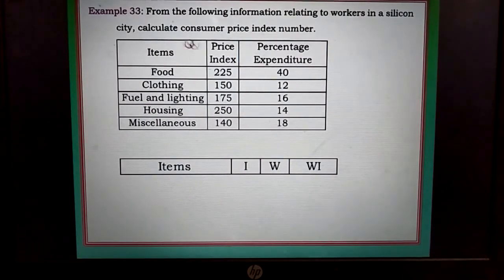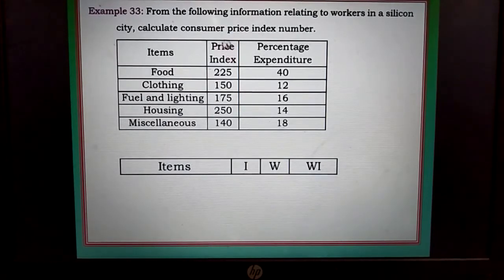Next example. From the following information relating to workers in a Silicon City, calculate the consumer price index number. Here also it has been clearly asked for the consumer price index, but which method has not been given. Here for various items, the price index is given. Index is already given.